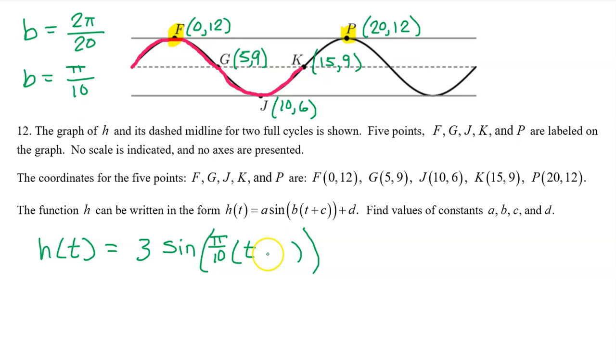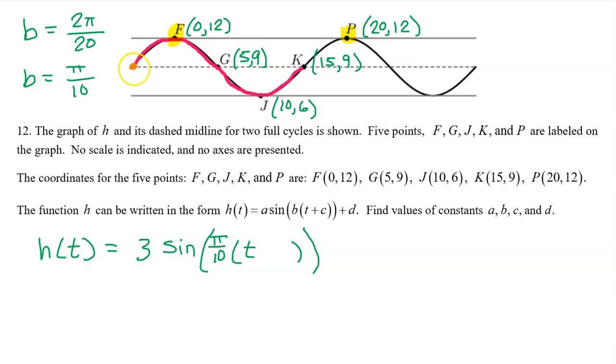Next, the C value. The C value is the opposite of the phase shift, and the phase shift is the first input value of the period that you're focusing on. Notice that my input values go from 0 to 5 to 10 to 15 to 20. You can easily see that the input values are increasing by 5 each time as I go to the right. Or, if I go to the left, the input values are decreasing by 5 each time.